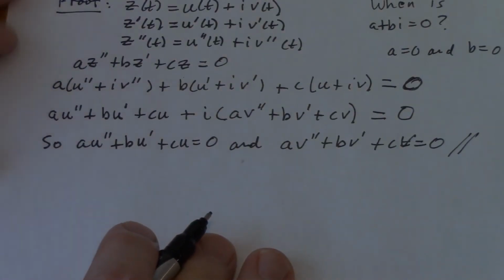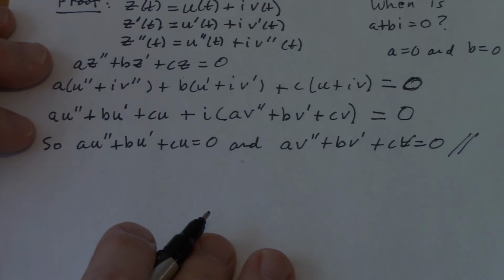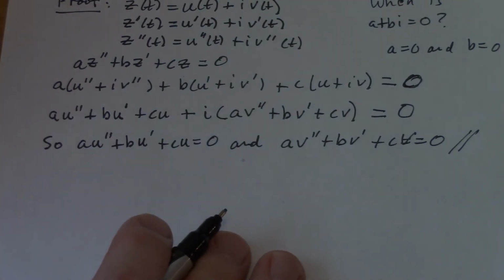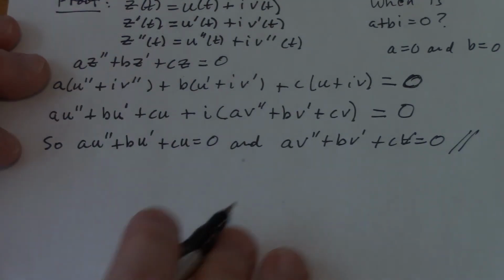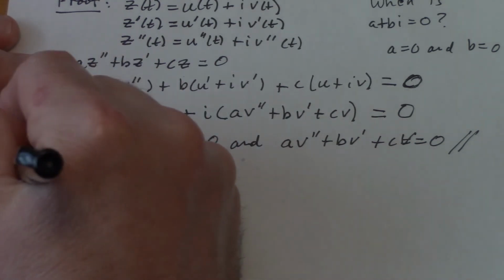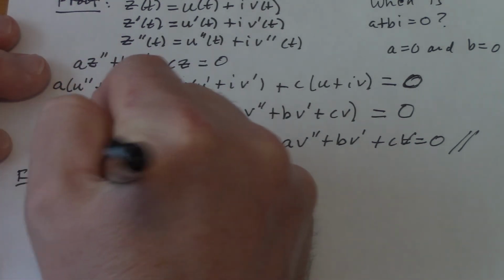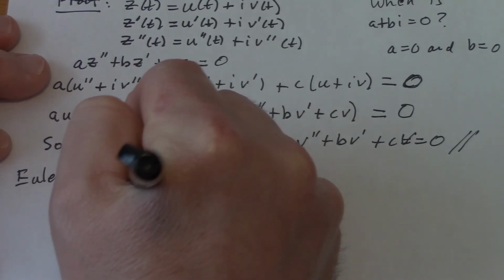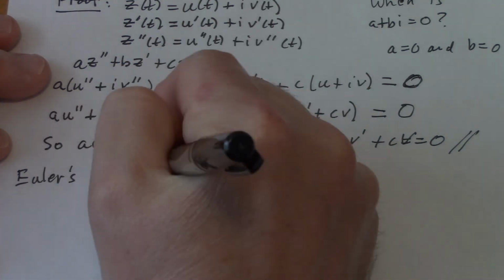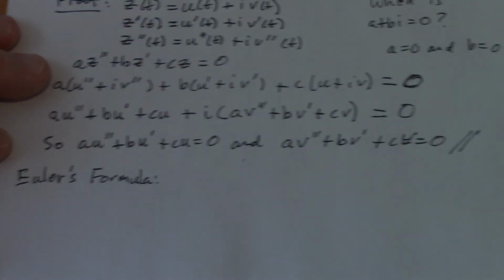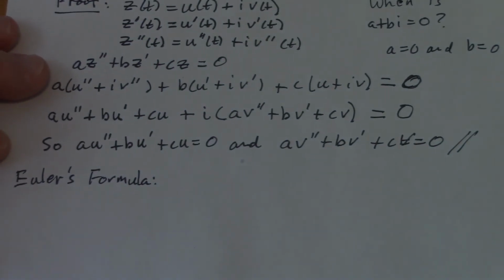Okay, so how do we sort of get to the general solution that I claimed? So we use something called Euler's formula. Maybe you proved this in your BC classes, maybe you haven't. I know I usually do it.